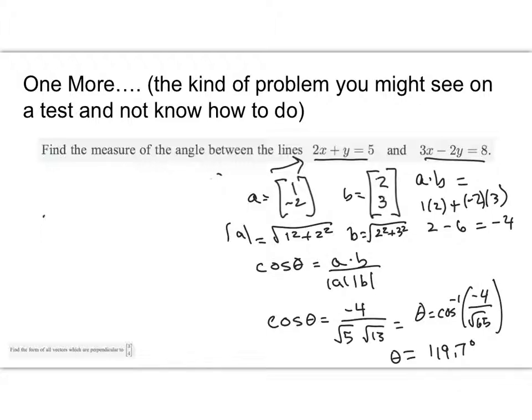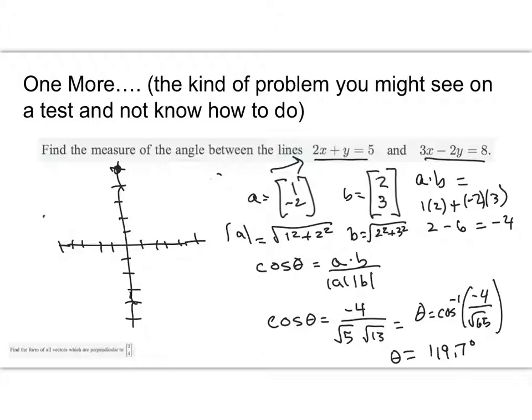So if I draw this out, I'm just going to draw a really crude graph here. I really should have put a graph in here, but you're going to get the idea anyways. My first equation, in slope form, was negative 2x plus 5.